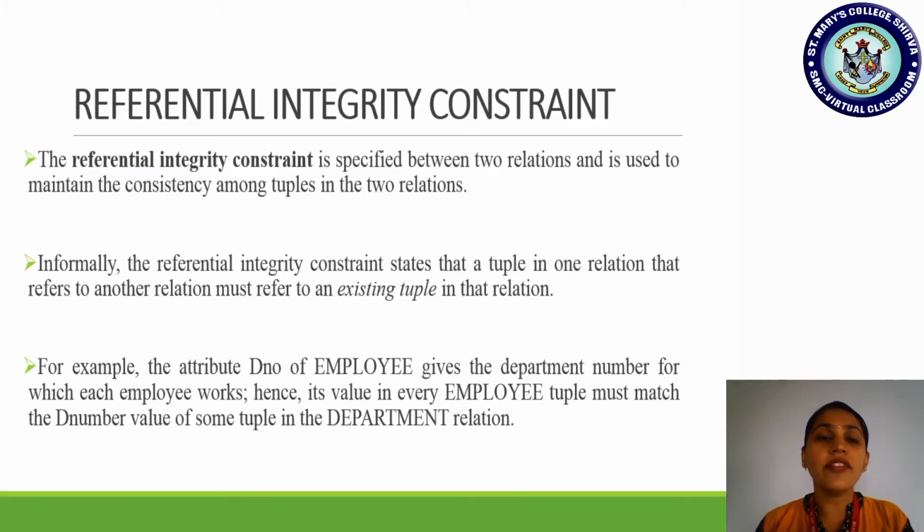So whenever we are referring to certain rows in any other relation, we should check that the values found there exist in that relation. By this we can tell that the constraints specified between two relations maintain the consistency among tuples in the two relations.